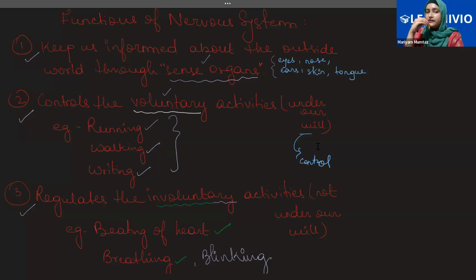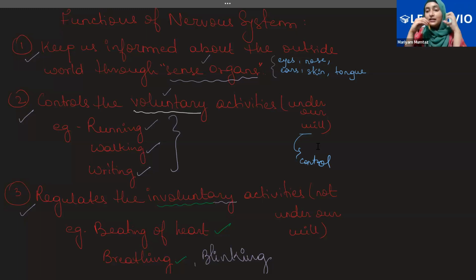So our central nervous system controls every single voluntary activity. You might have seen in movies that any person who undergoes a very heavy brain surgery because of an accident or anything is not able to use their hands. They can't walk. Walking is a very far thing. They sometimes forget to memorize or recognize people, right?